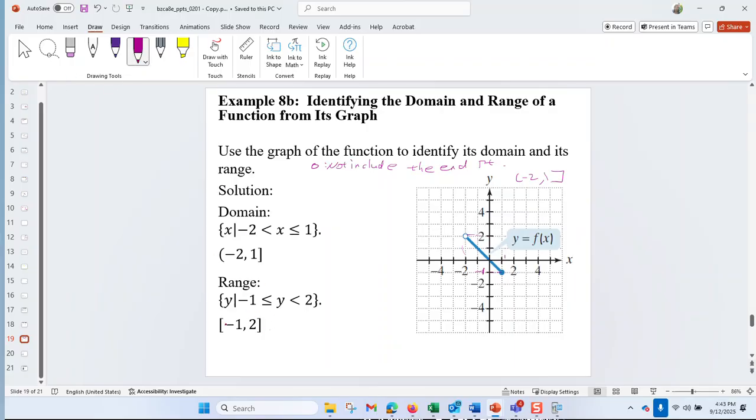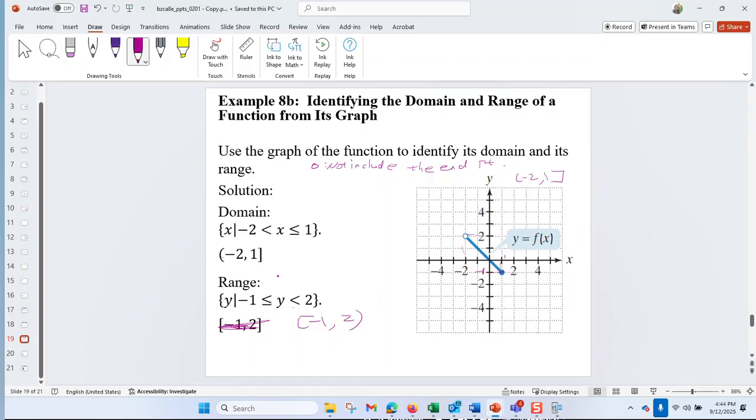The range for y here should be from -1 to 2, and 2 should be the parenthesis because it didn't have an equal sign here. y is greater than or equal to -1, but less than 2. So 2 should be a parenthesis. This -2 is a parenthesis, okay, and 1 is a bracket because it includes x equal to 1 here.